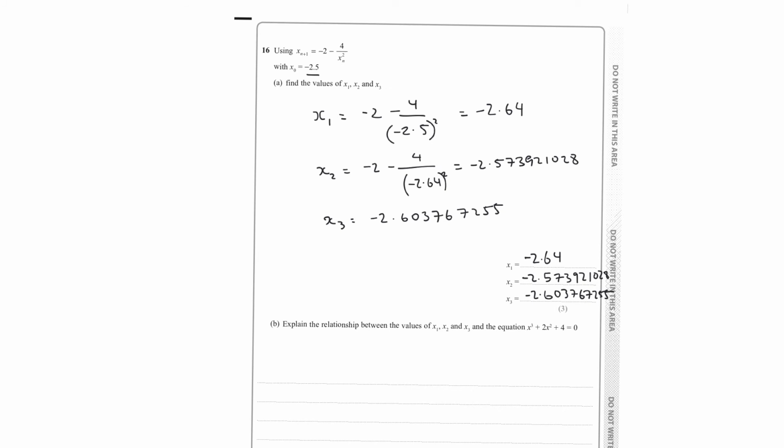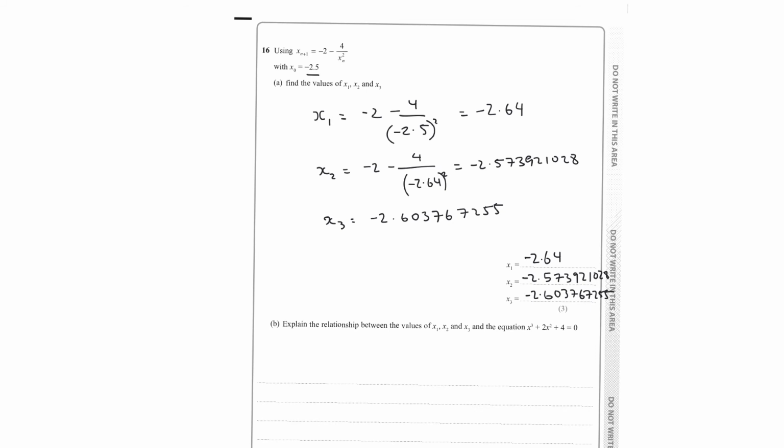Okay, and then for part B, it says explain the relationship between the values of x1, x2, x3, and the equation x cubed plus 2x squared plus 4 is equal to 0. So the relationship is that all these values are estimates of the solution. Normally, the higher you go, so x4, x5, you get a more accurate answer to the correct value of x.